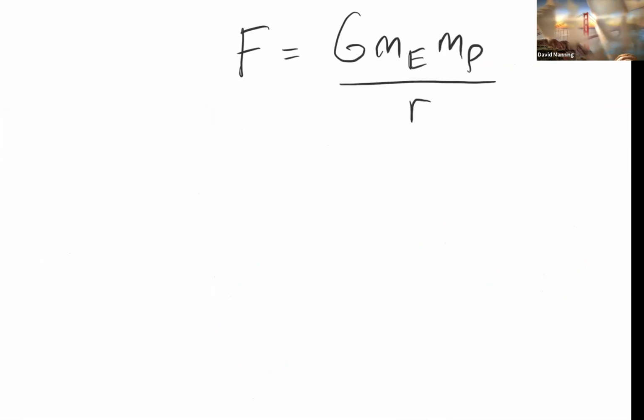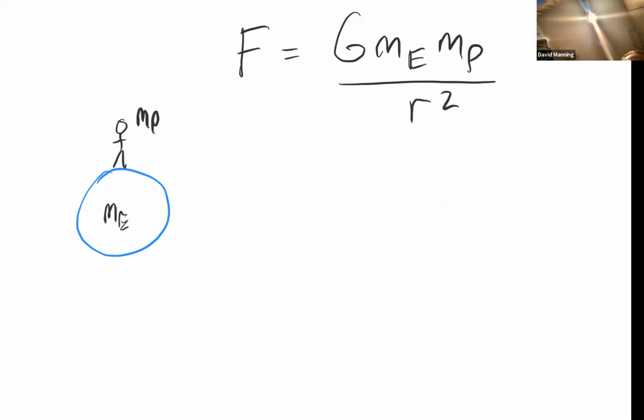Now, if we take this formula, I'm just going to use the mass of the person again over the distance squared. And let's say here's the Earth. Let's do it in blue. I like to color coordinate. We got a person on top of the Earth, with a mass of the person and mass of the Earth.